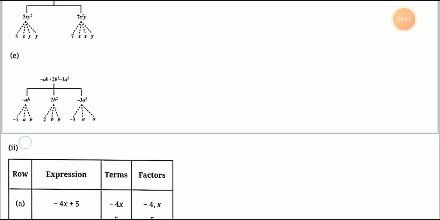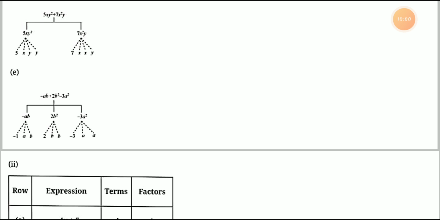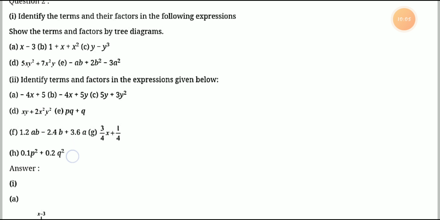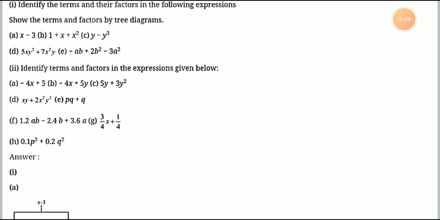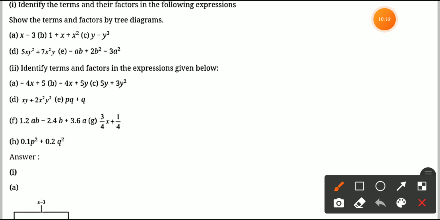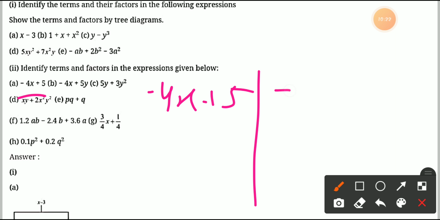Now the second part, you have to draw the table like this. In first you have to write the expression, in second terms, and then third factors. Okay, so let's see. First you will write what? Expression. So minus 4x plus 5. Then write the terms. In terms you will write first minus 4x.